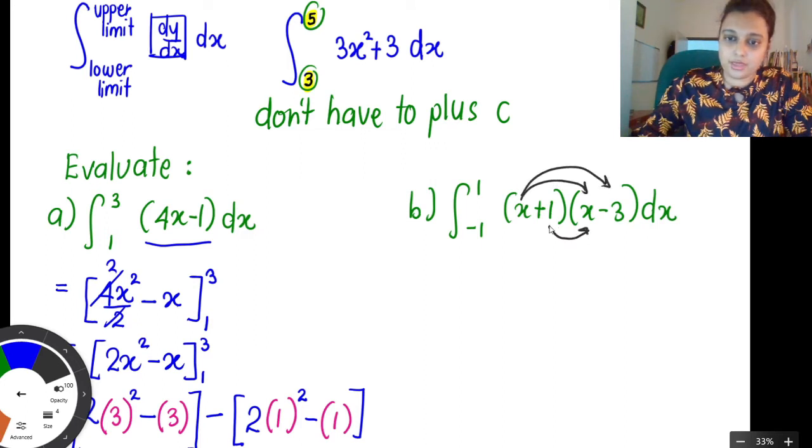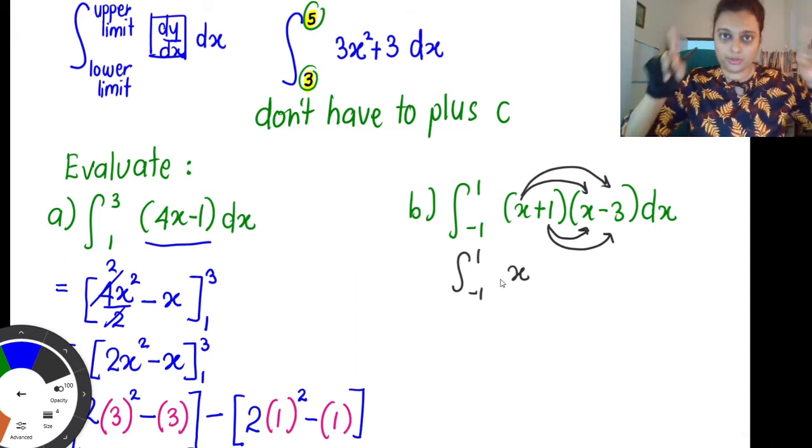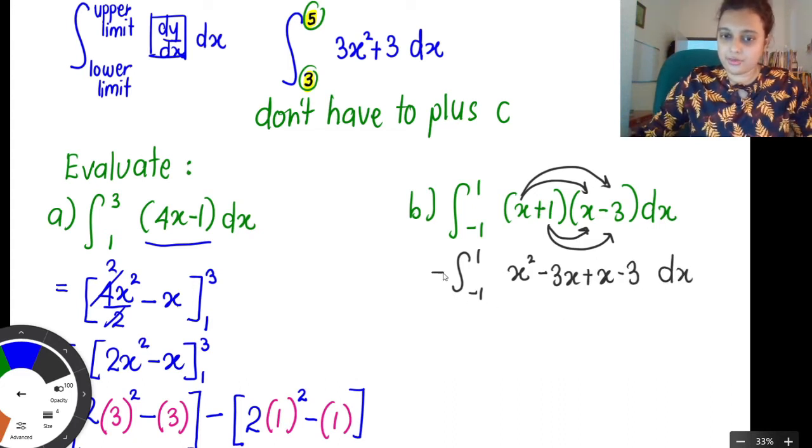When you expand, you still write the integral sign, because we haven't done the integration yet. The moment you do the integration, then only you put the bracket. So x square minus 3x plus x minus 3. Solve whatever you can solve. Here will become minus 2x minus 3.